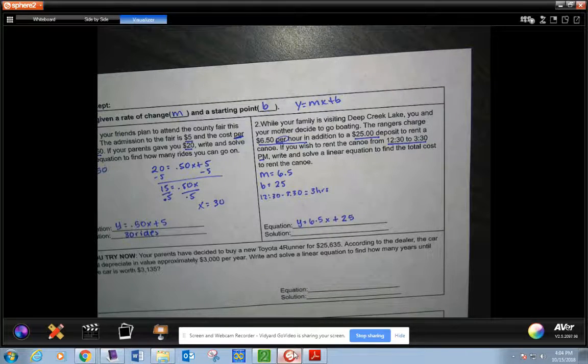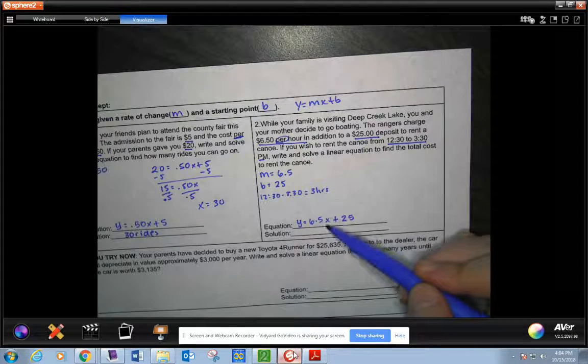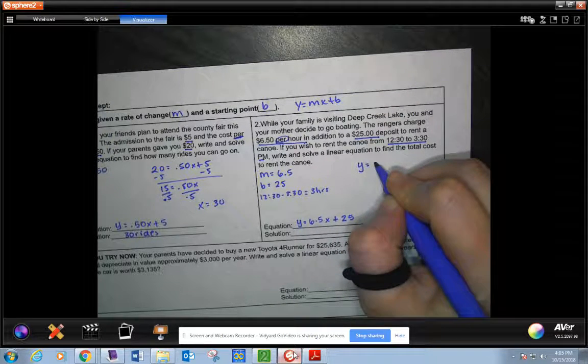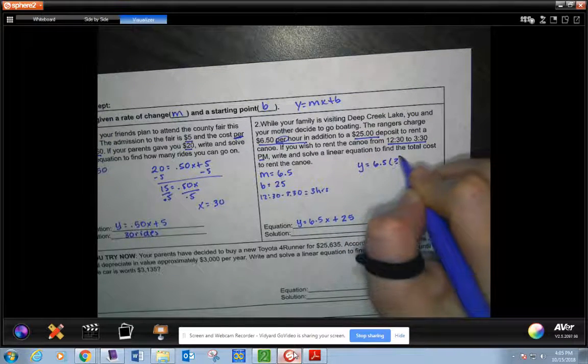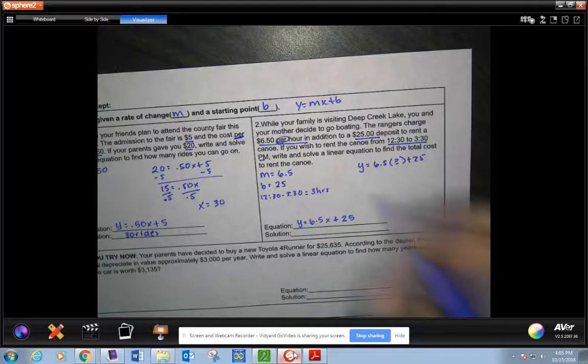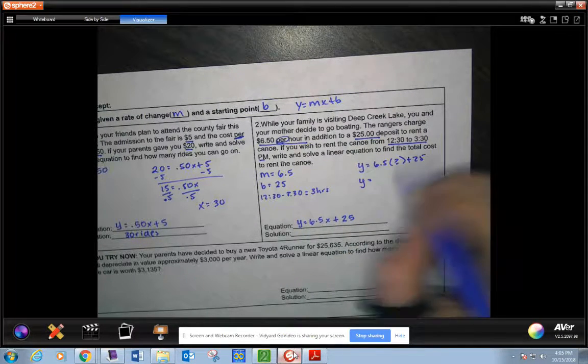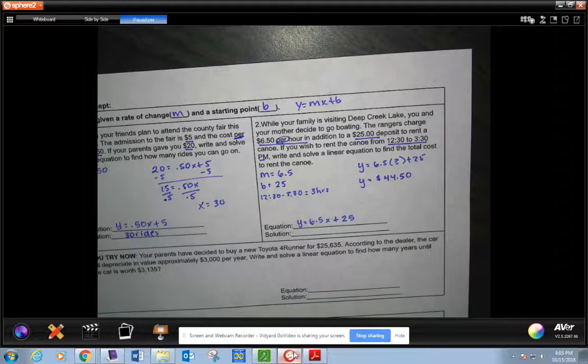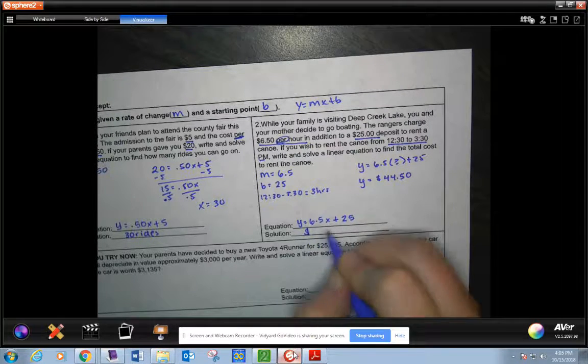Okay, so since I know how long I want to rent it, I'm going to plug 3 into the x. So we're just going to do y equals 6.5 times 3 plus 25. This is where you may grab your calculator and plug that in, and you're going to get 45.50. Since we're talking about costs, my solution is going to be $45.50.